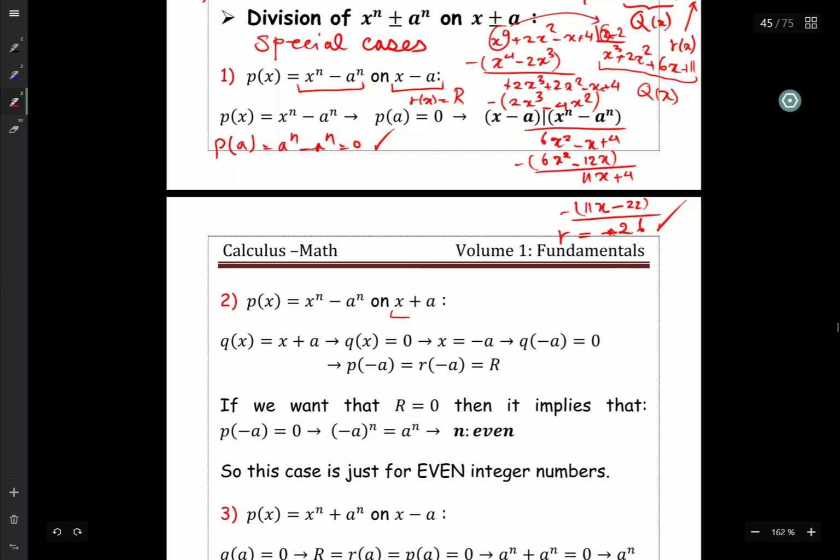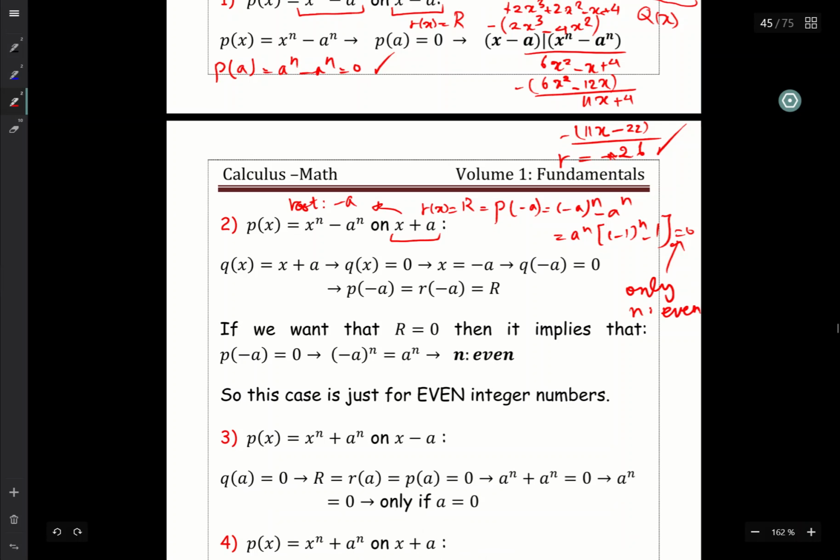How about x plus a? So again, the remainder should be a number, and that number equals p evaluated at the root. And remember, the root here is x equals negative a. So p of negative a is negative a to the n minus a to the n, which is a to the n times minus 1 to the n, minus 1. And this is only true when n is an even number.